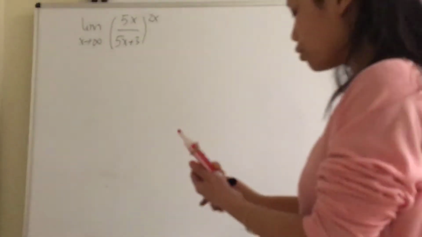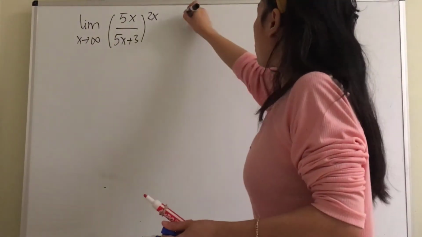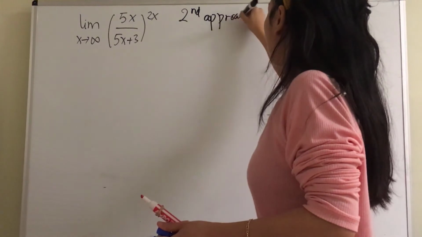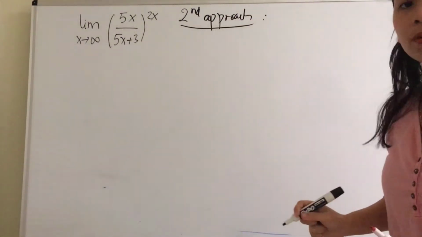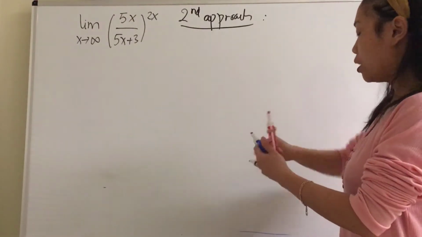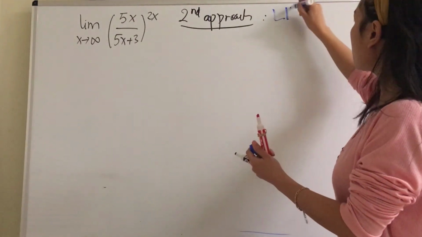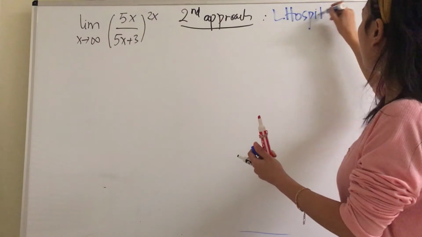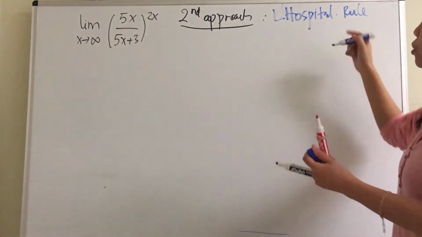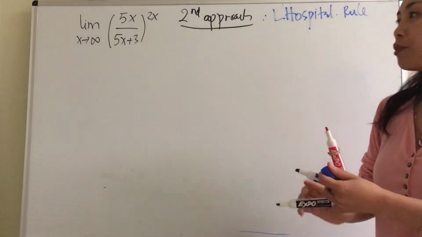Alright, so that was the first approach. Now I'm going to show you the second approach. In the second approach, I'm going to use L'Hospital's rule. L'Hospital's rule is applied for indeterminate forms, right?